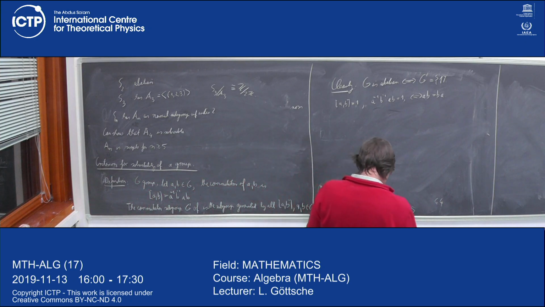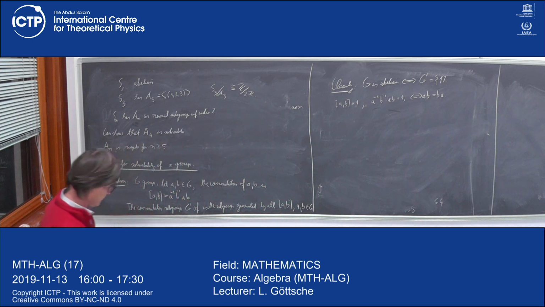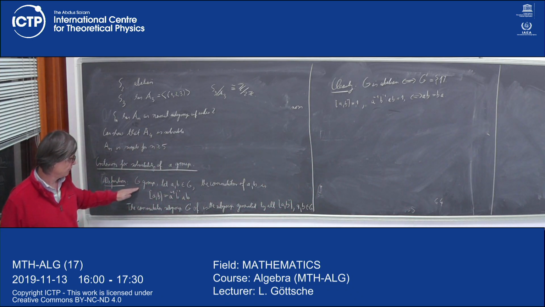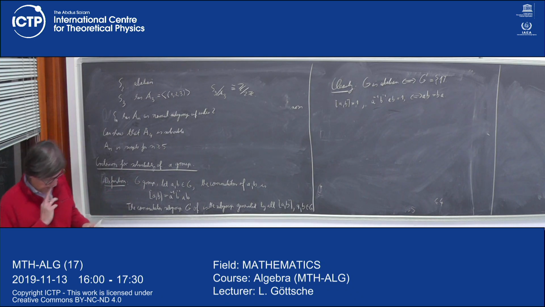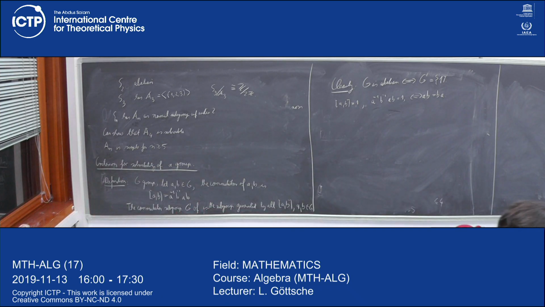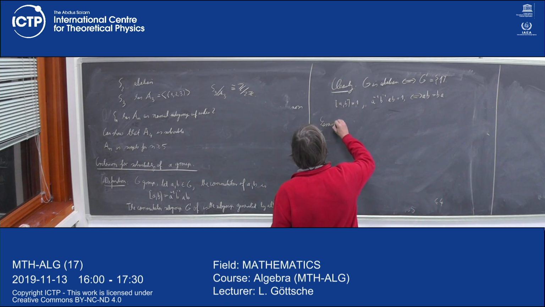Okay. And now we somehow want to relate this question of solvability to something having to do with these commutators. Maybe I can first see at least some hint in the following lemma.